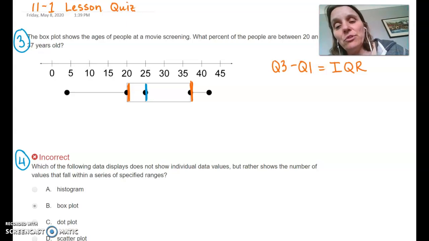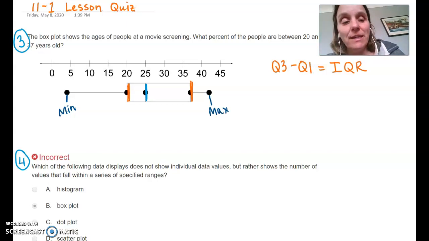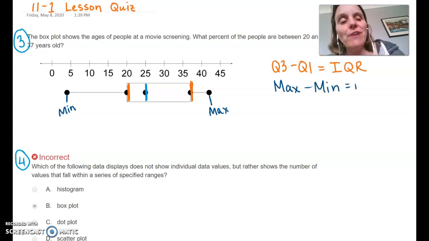We also have the minimum and the maximum value. The other thing that's easy to find in a box plot is if you subtract the max minus the minimum, that gives you the range of values in your box plot.